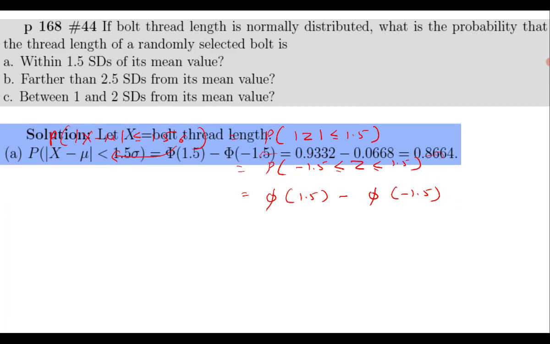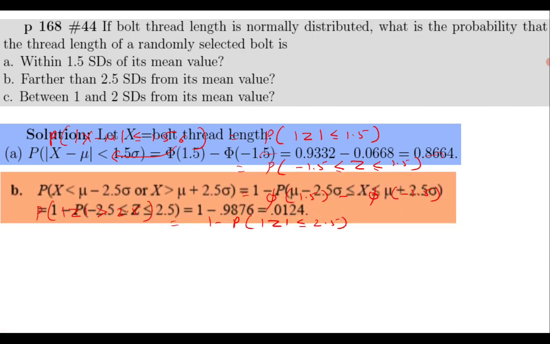The next part says farther than 2.5, which means now mod z is greater than 2.5, and we can write it as 1 minus probability of mod z less than or equal to 2.5, and use the same approach.